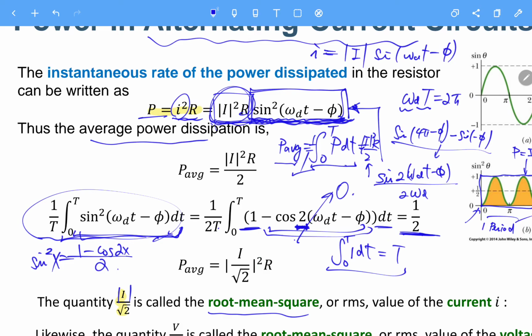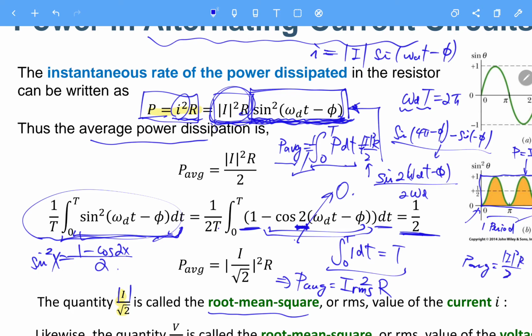So finally, P average equals I RMS square times R. For DC, if I is fixed, we use P equals I square R. But if it is AC, we need P average equals 1/2 I square R.